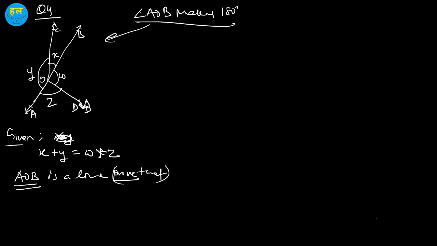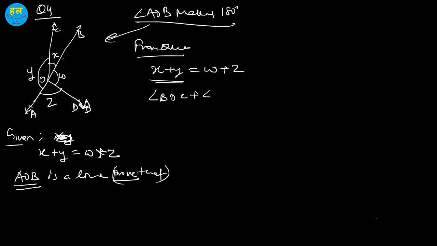Okay, from the question we see that x plus y is equal to w plus z, and angle x plus y is angle BOC plus angle AOC is equal to angle BOD plus angle AOD.